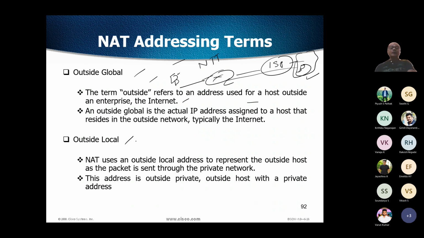Outside global refers to your internet. Say for example, this is the ISP IP address, 10.1.1.2, and this is your 10.1.1.1. For you it is your inside global. For him, this is your outside global.